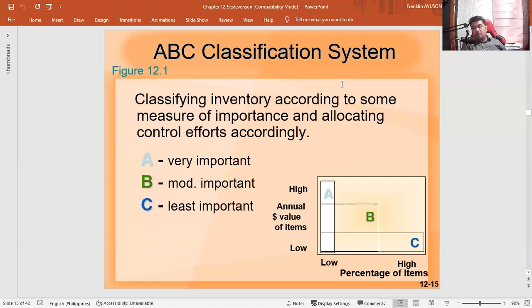They are only moderate. C items are very low in terms of annual volume, but still I need to maintain as part of my customer service. Ito naman yung hindi mabilis na maubos, pero kailangan meron pa rin ako dahil nagiging parte pa rin to ng aking classification sa inventaryo, sa customer service ko.